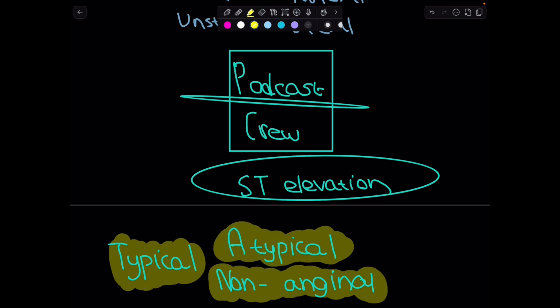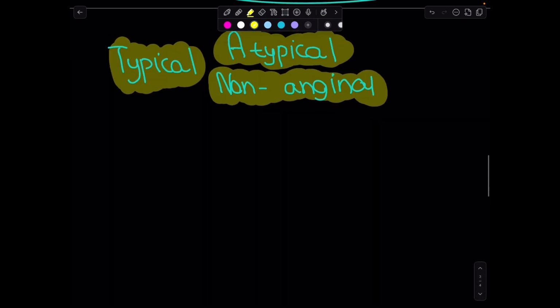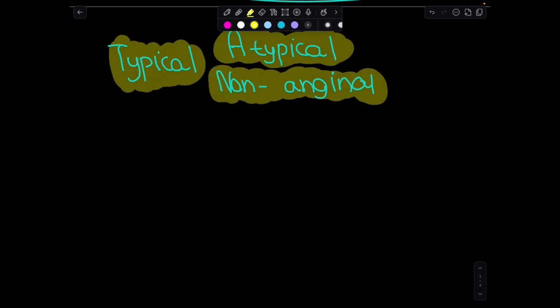Classification. Typical angina meets all 3 criteria: substernal pain, exertion triggered, relieved by rest or nitrates, highly suggestive of ischemic heart disease. Atypical angina meets 2 of the 3 criteria, e.g., substernal pain and exertion but not relieved by rest, or exertion and relief but not typical location.